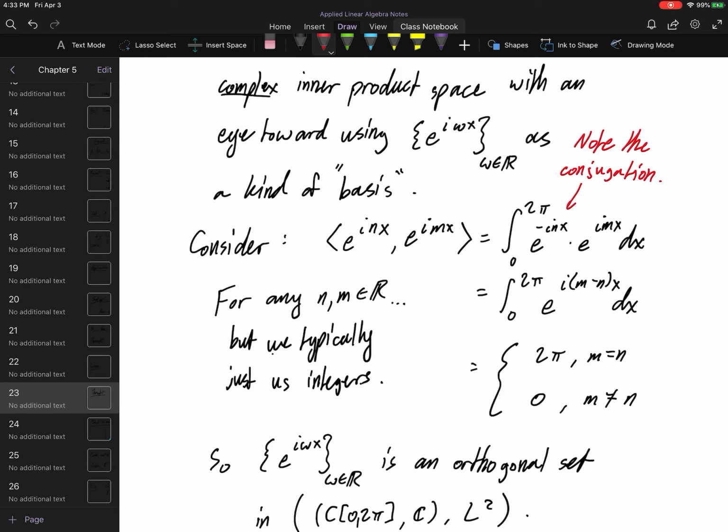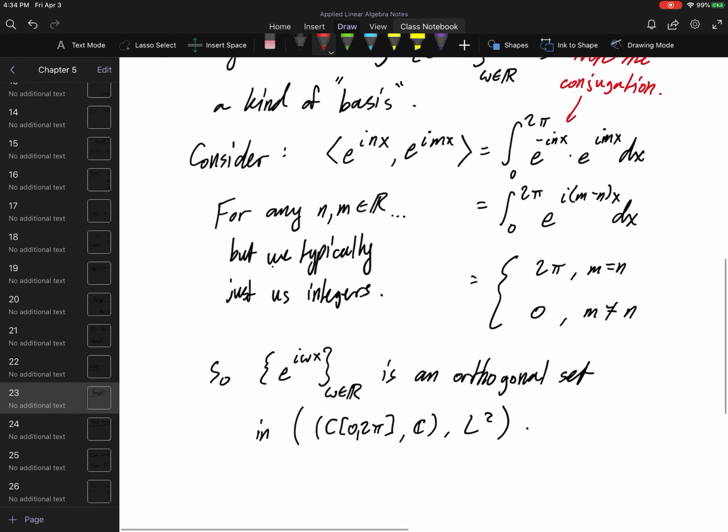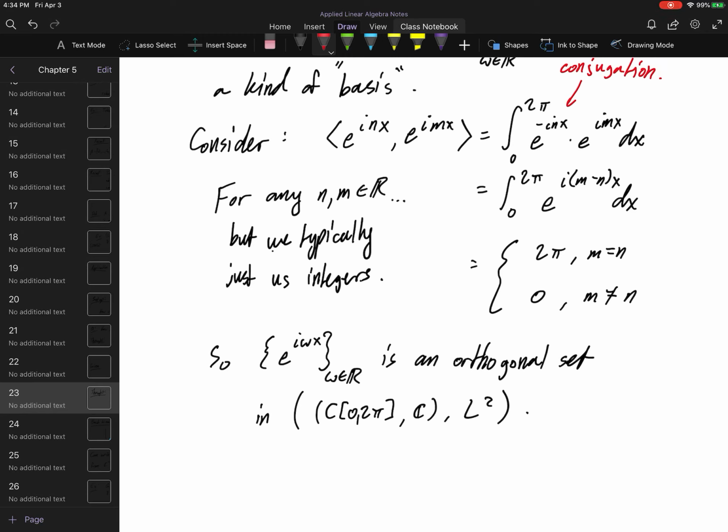All right. So what happens if I take the inner product between two different basis functions here, e to the inx and e to the imx? Well, you've done a homework problem very similar to this, and you've seen that these spit out 2 pi if m and n are the same, and 0 if m and n are different.